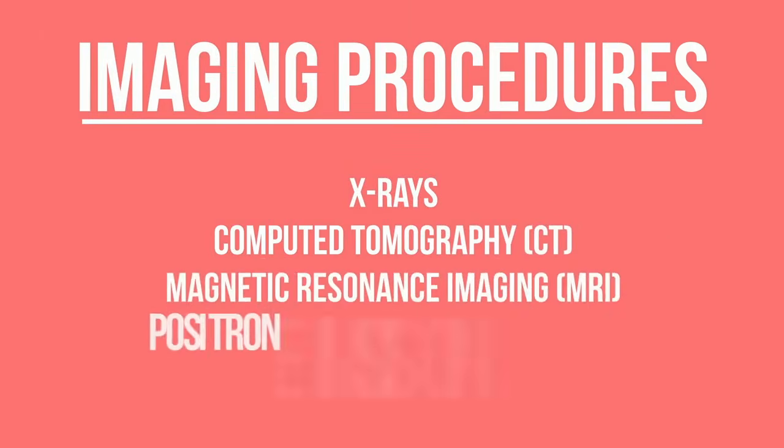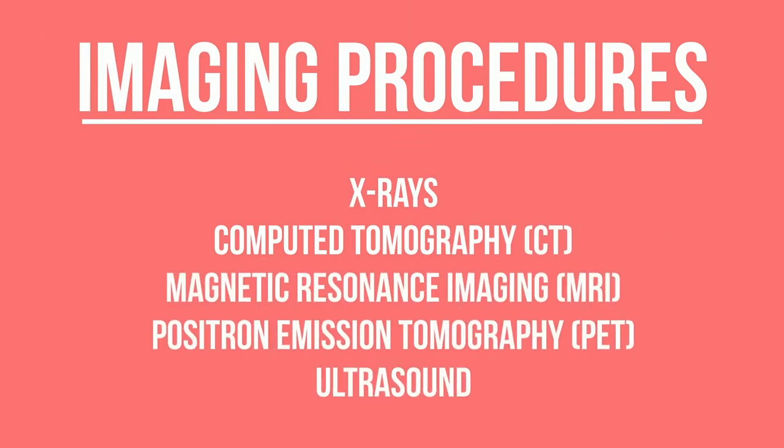Let's take a look at the types of imaging procedures. There are X-rays, computed tomography, which is also called a CT scan, magnetic resonance imaging, also called an MRI, positron emission tomography, PET, or an ultrasound.